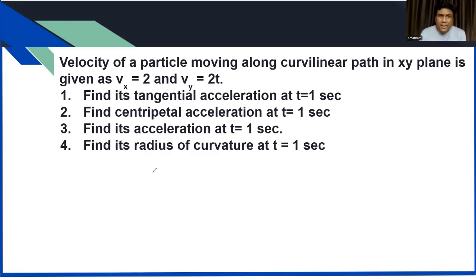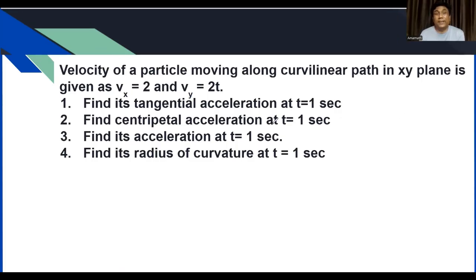Velocity of a particle moving along a curvilinear path in the xy plane is Vx equal to 2, Vy equal to 2t. Say this is the x-axis and this is the y-axis. The particle is going somewhere, like this, whatever it may be. But Vx is 2.